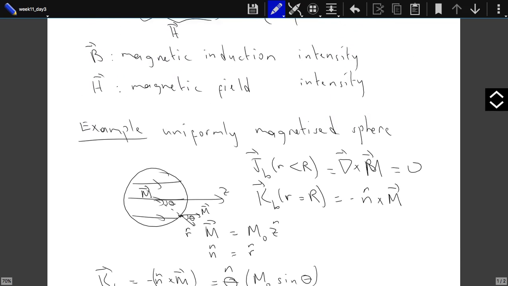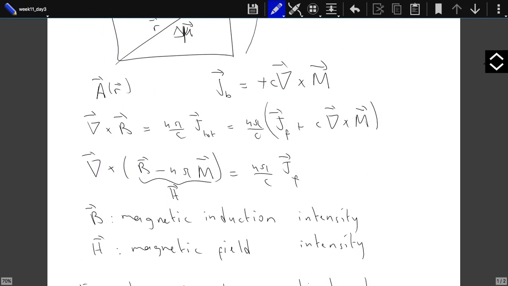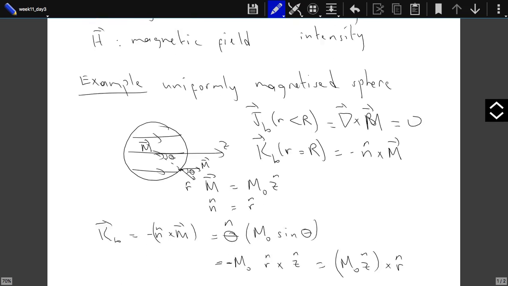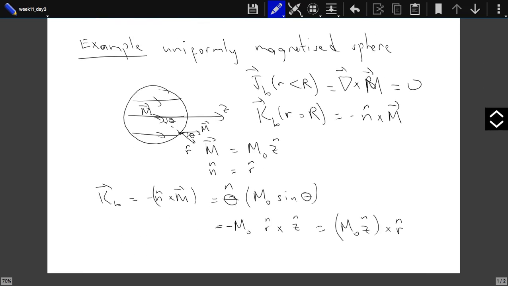Well, you see, what we had shown on Wednesday was that there is the volume current density JB, which is the curl of M, and there is a surface current density, which was C times minus C times N cross M. So this is what we had shown on Wednesday. So I know that in this problem, inside there is no current density because magnetization is uniform. But nevertheless, on the surface, there will be a surface current density.